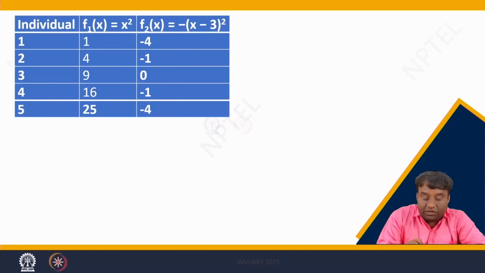We know that f1(x) = x squared, so 1 squared gives 1, 2 squared gives 4, 3 squared gives 9, and similarly 16 and 25. Here f2(1) is minus of (1 minus 3) whole squared, that is minus 4. Similarly, you will get minus 1, then 0, then minus 1, then minus 4.